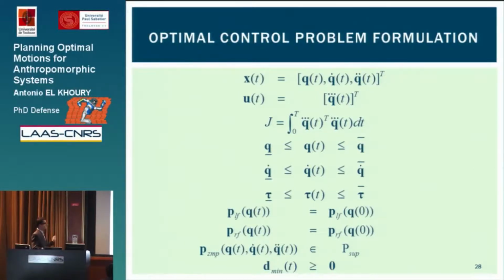Before, we took into account static balance constraints, but now we take dynamic balance constraints since we are generating a trajectory, and we constrain the ZMP to remain inside the support polygon. To ensure that we don't have any collision or self-collision, we add vector constraints where we constrain the distances between the obstacles to be positive. We're using the capsule representation that I showed earlier.